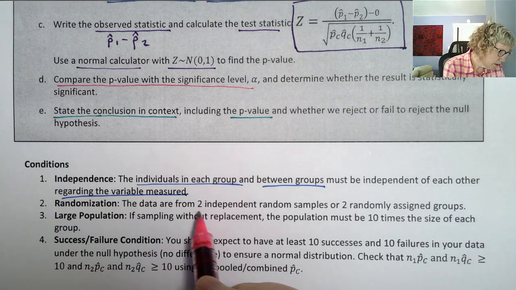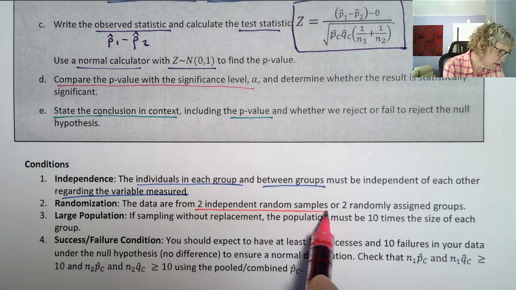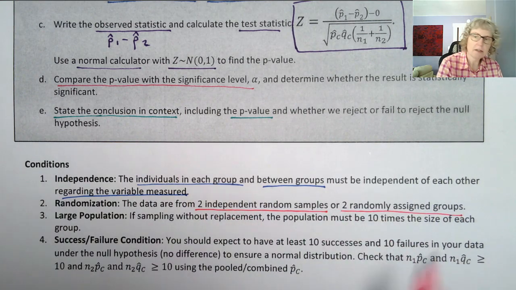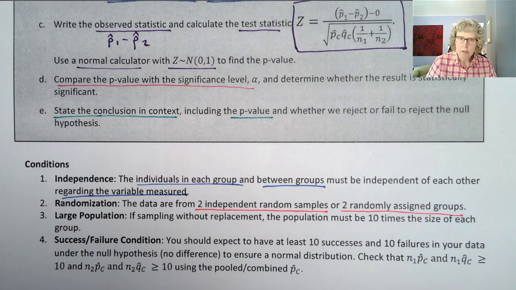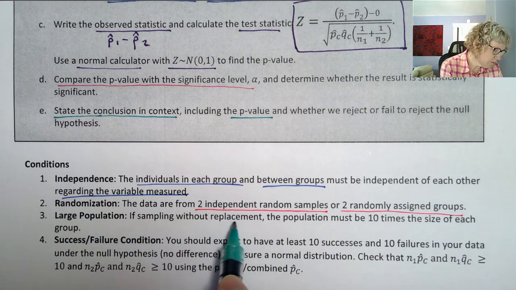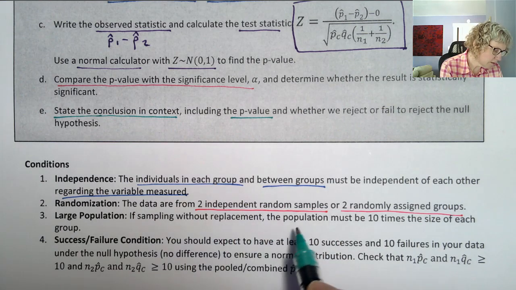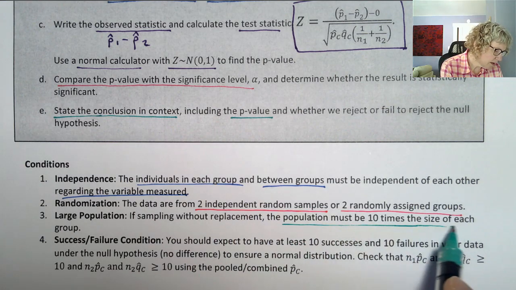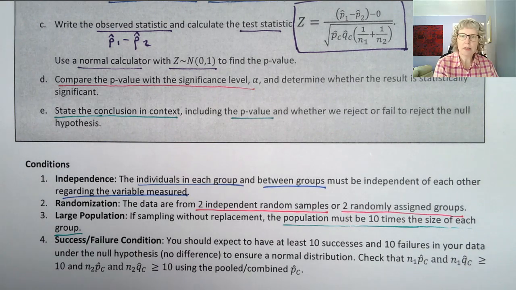The data are from either 2 independent random samples or 2 randomly assigned groups. Okay. Large population, which applies if we're sampling without replacement. The population must be 10 times the size of each group. And again, it could be 1 population or 2 populations. So adjust for that in your wording.